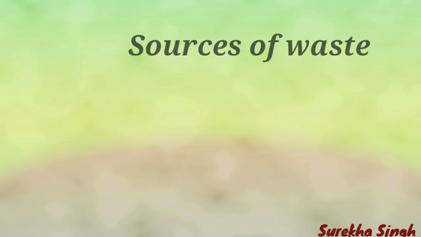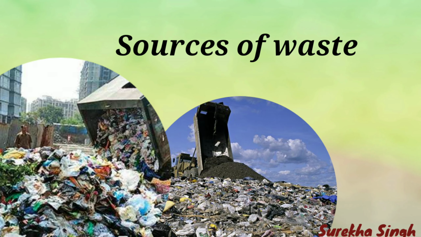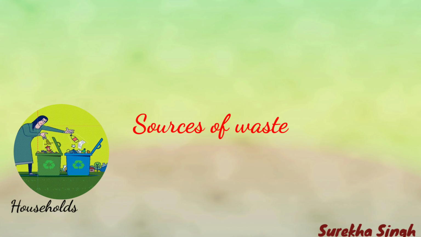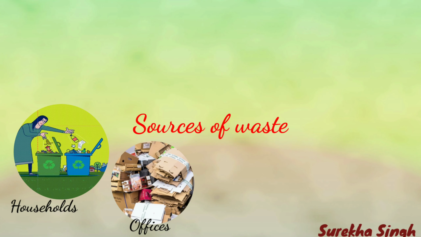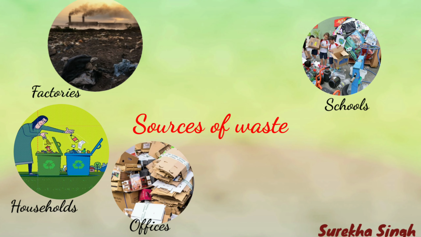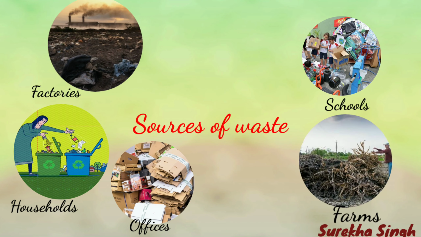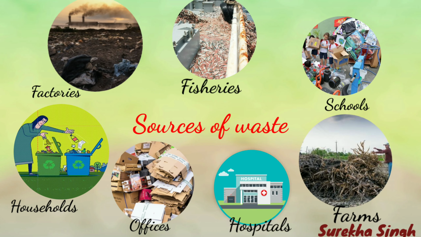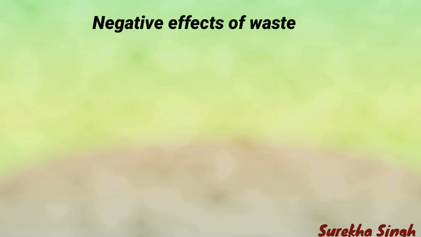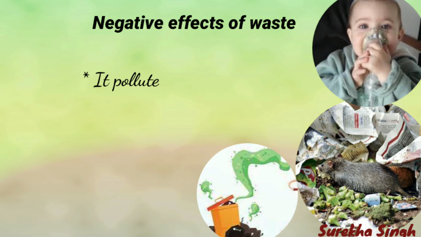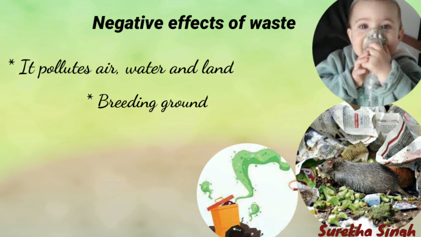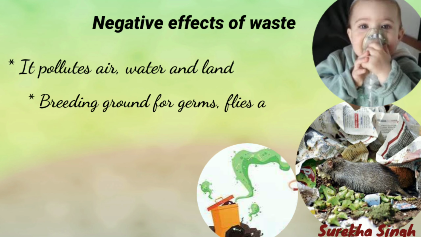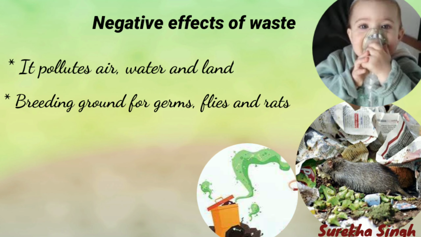Sources of waste. Every day, thousands of tons of waste is thrown from our households, offices, factories, schools, farms, fisheries, etc. This garbage pollutes the air, the water bodies and the land. It becomes a breeding ground for germs, mosquitoes, flies and rats.